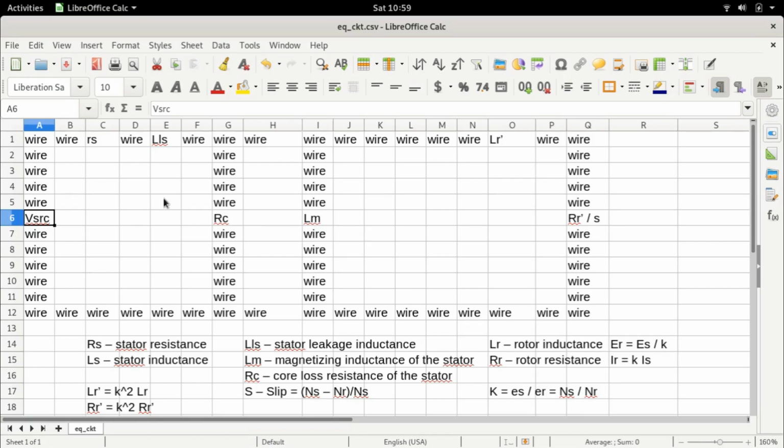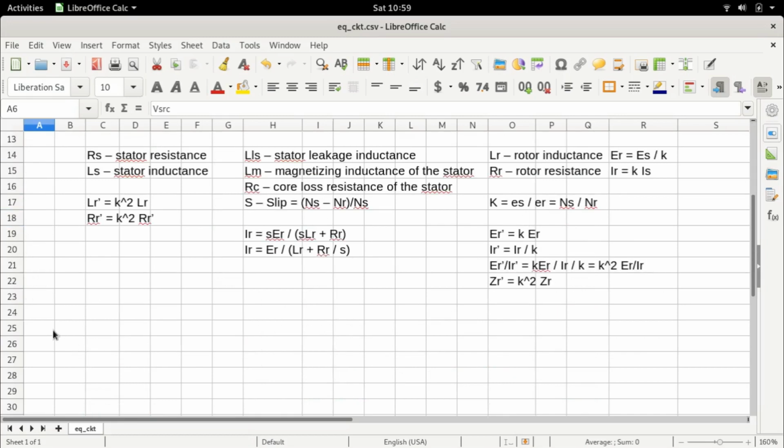So the way to determine these parameters in practice is to perform a no-load test and a blocked rotor test, right? So in a no-load test, you would leave this machine in the unloaded state. Let me just write it down here. So what is a no-load test? In a no-load test, the motor is not loaded, which means that the only load on the motor is the rotor itself.